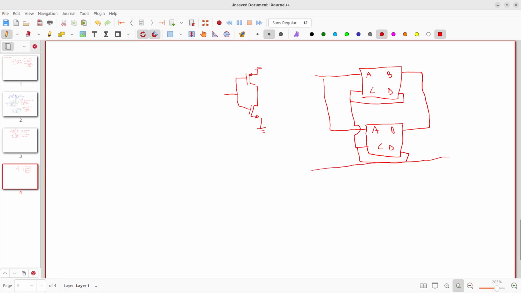Like this. So that will be the two-port model.